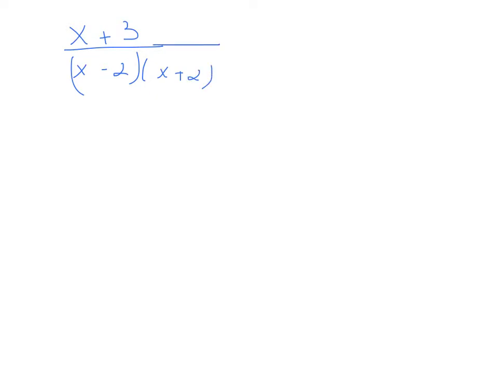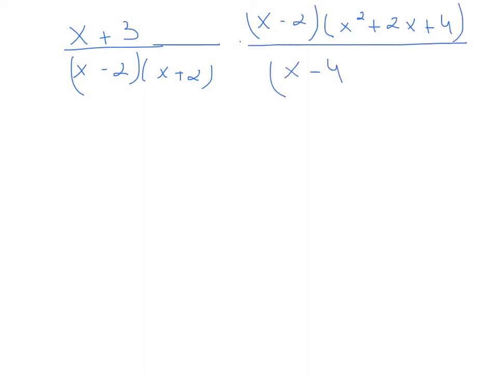And x cubed minus 2 cubed is the difference of cubes, so it's going to be x minus 2 times x squared plus 2x plus 4, over x minus 4 times x plus 3. Well, we can simplify here.